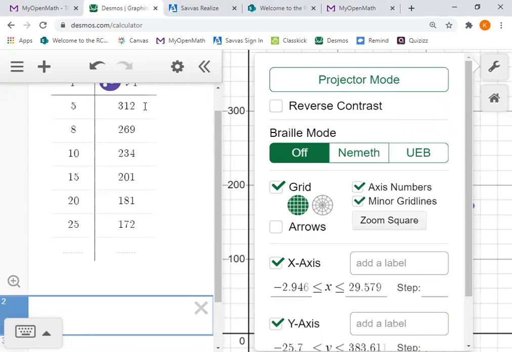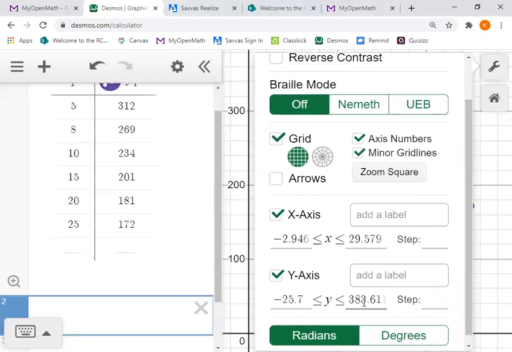And then my Y's go up to like 300 and whatever, so just make sure it goes higher than that. Again, I like a little bit of negative so I can tell where I'm at compared to the X and Y axis. But those aren't exact. That's just making sure that the points are fitting in those ranges.